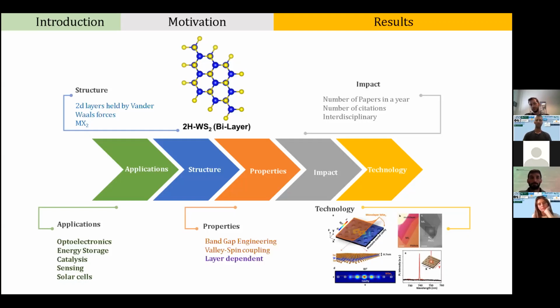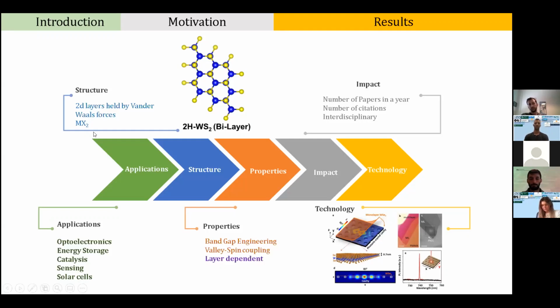They've also been demonstrated for many applications in the optoelectronics industry. The impact these materials have in terms of citations or publications, and also their interdisciplinary nature, is quite broad, and that's the reason why these materials draw a lot of attention.